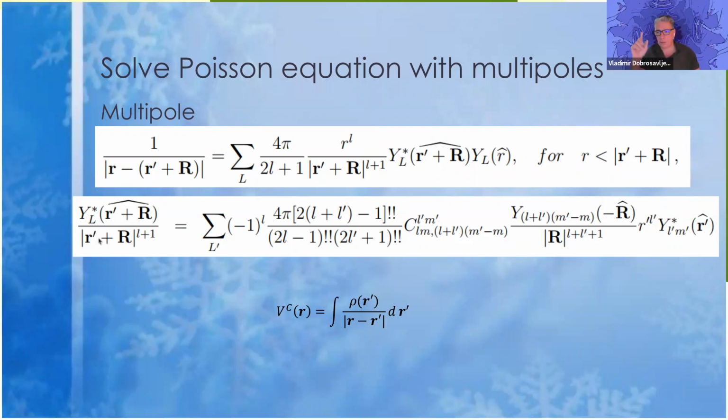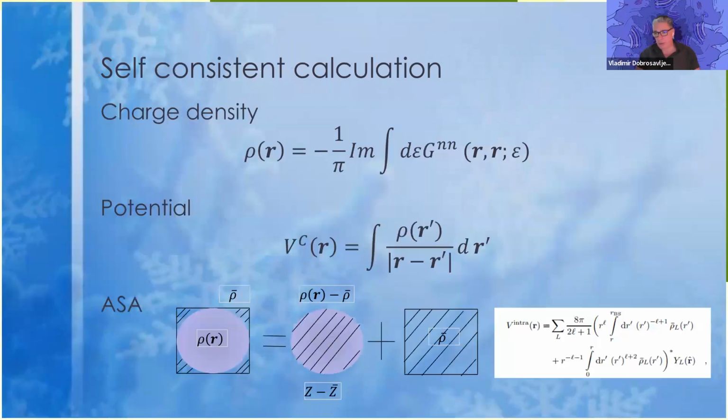Can I just ask a question here? Sure. So spherical harmonics is a basis of functions in spherical coordinates, but my understanding is that the charge density within your sphere is not spherically symmetric, right? It has the symmetry of the crystal because of the crystal fields and so forth, right?